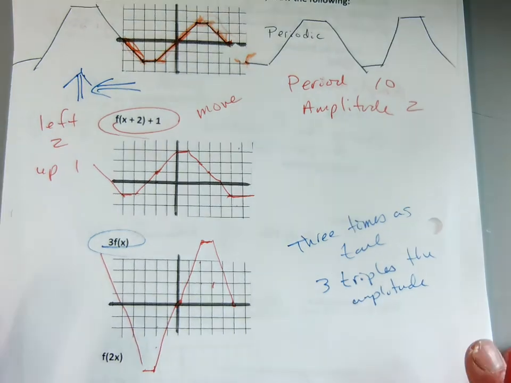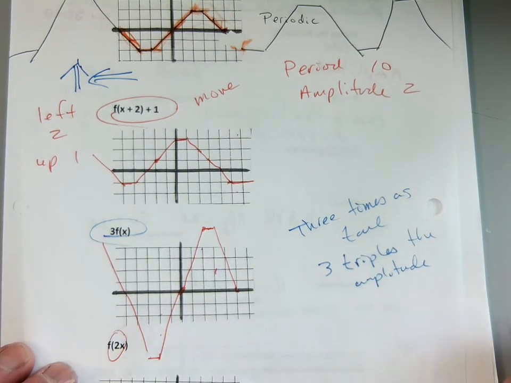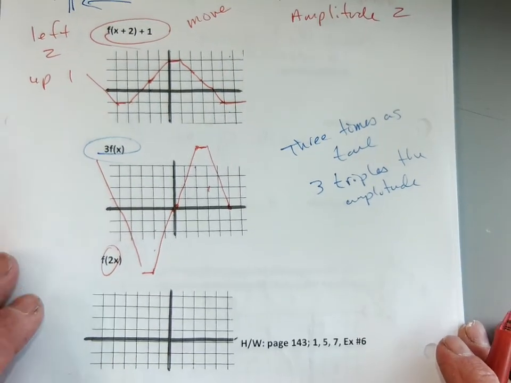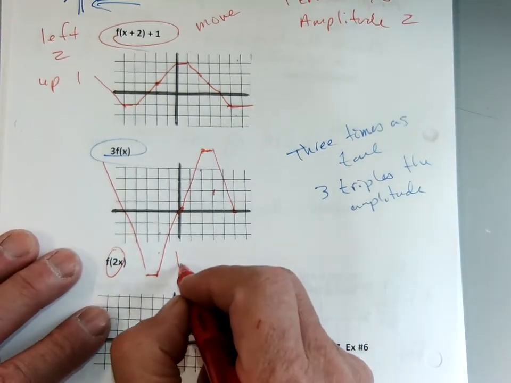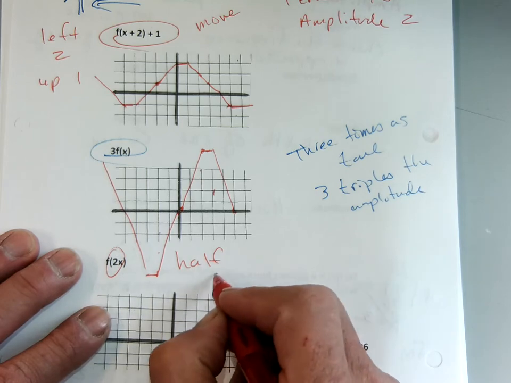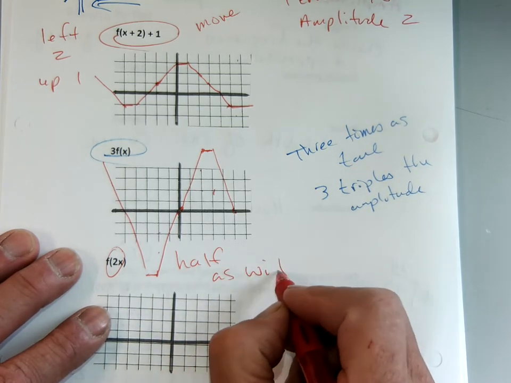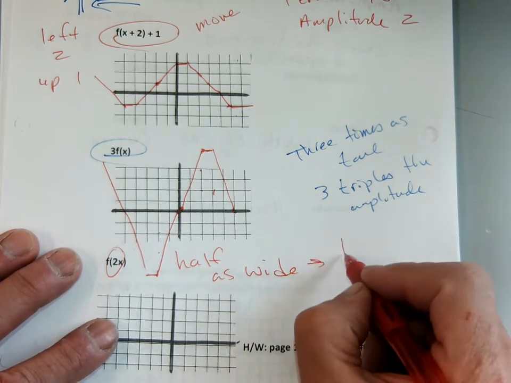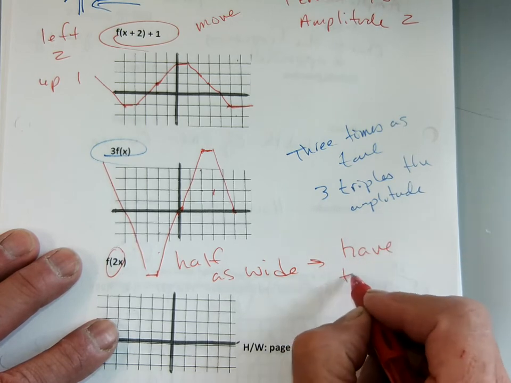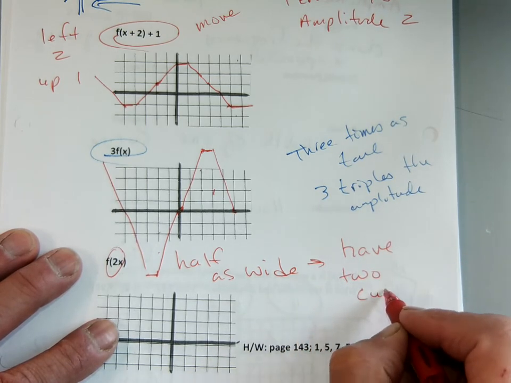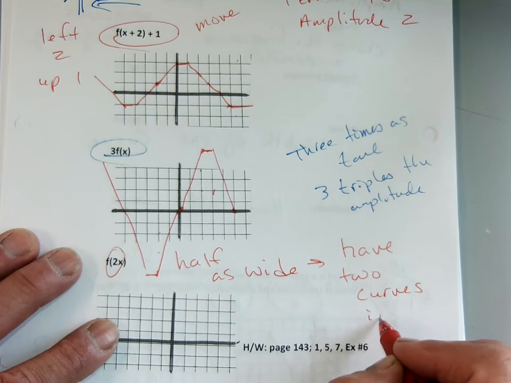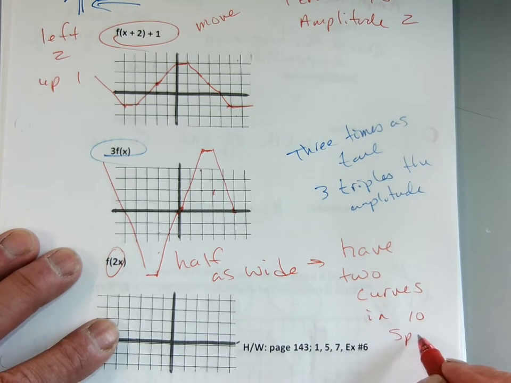And then finally, last but not least, the 2 on the inside changes the frequency, so it really makes it half as wide so that we can have 2 curves in 10 spaces.